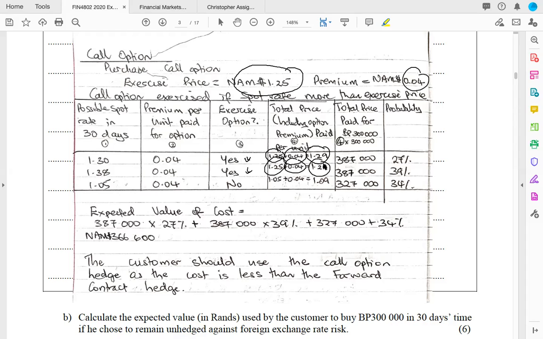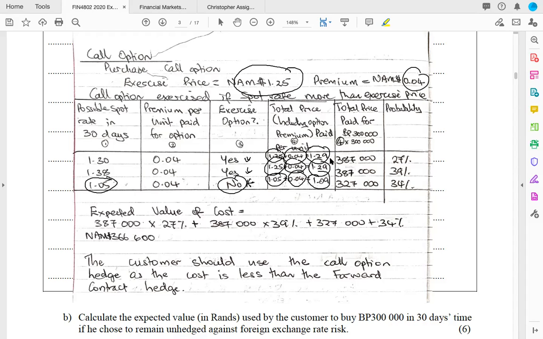This will give you the total price paid per unit, per Botswana pula. However, if you do not exercise the option, like at 1.05, you just take the possible spot rate and you add the premium, and then that gives you the possible spot price paid per unit, which is 1.09.